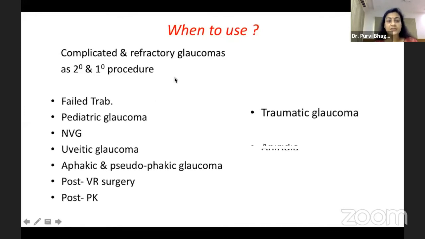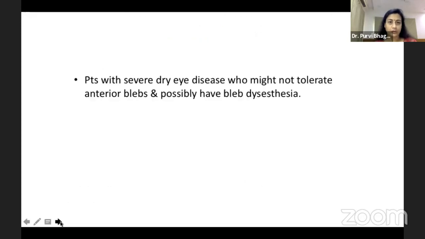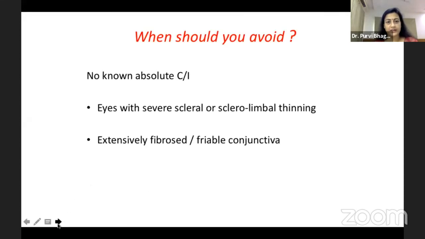So these indications we all know: failed trab, pediatric glaucomas, NVGs, uveitis, post-surgery, traumatic glaucoma, aniridia, and though uncommon, still sometimes seen, epithelial downgrowth. Patients with severe dry eye disease who might not tolerate all those anterior blebs that we just saw, and possibly are very prone candidates for bleb dysesthesia, in those cases also you can consider a drainage device.